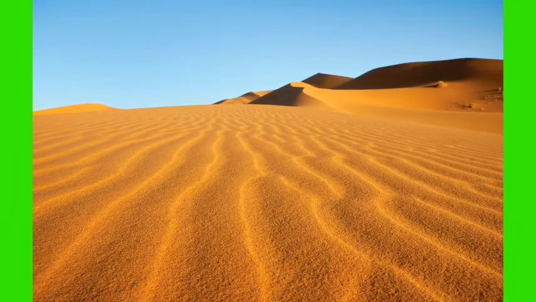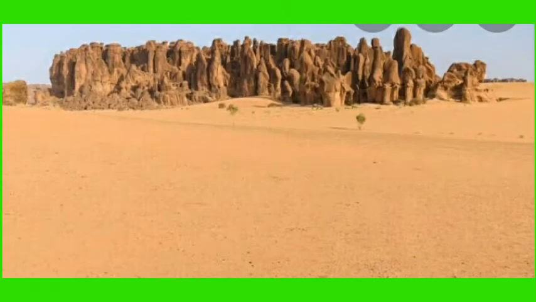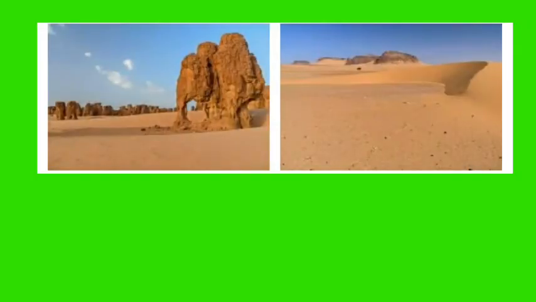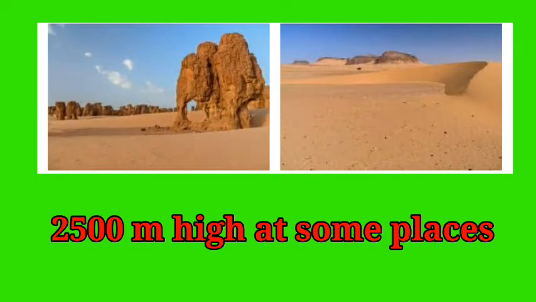When you think of a desert, the picture that immediately comes to your mind is that of sand. But besides the vast stretches of sand that the Sahara Desert is covered with, there are also gravel plains and elevated plateaus with bare rocky surface. These rocky surfaces may be more than 2500 meters high at some places.